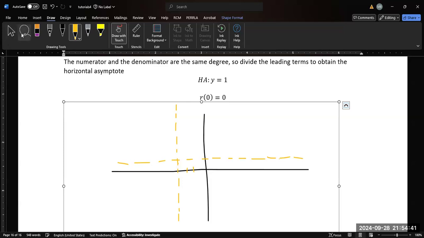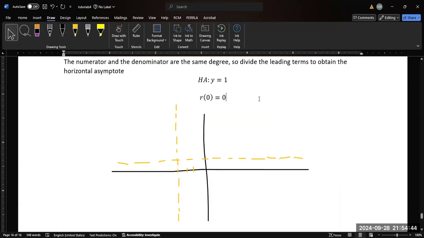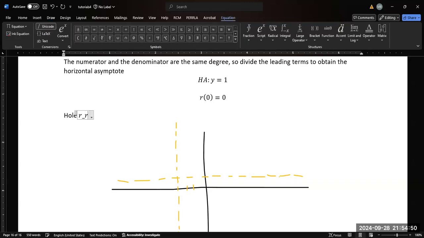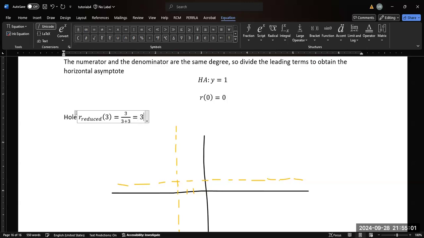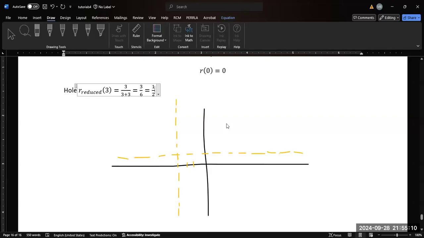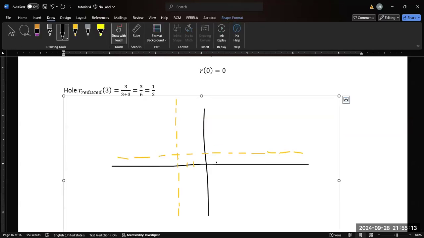The other thing that I know is I can find the value of my hole, essentially my reduced function at 3, which is going to be 3 over 3 plus 3, which is 3 over 6, which is 1/2. So that will be a useful point to plot. There is going to be a hole here in the graph, again an open circle because it's a hole.